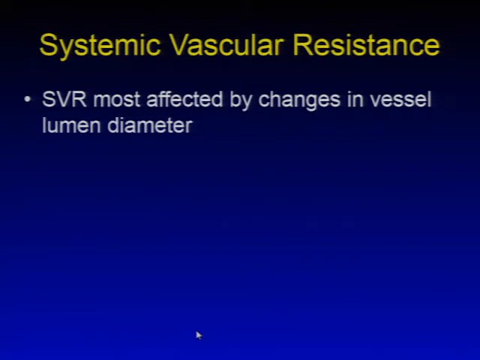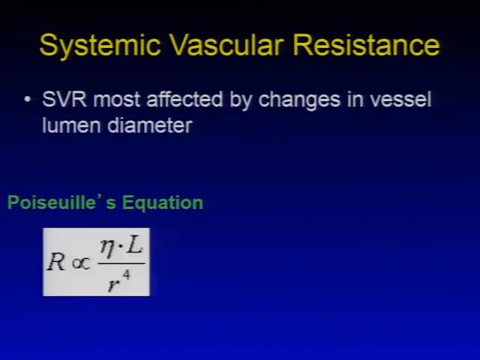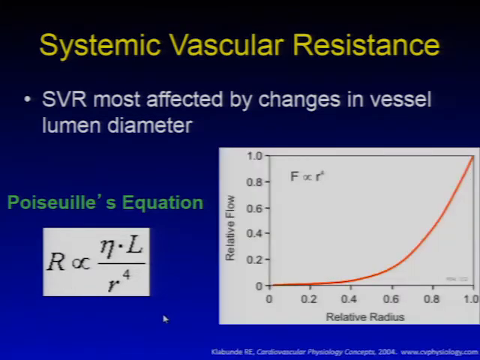Systemic vascular resistance is most affected by changes in vessel lumen diameter, and this is best described by Poiseuille's equation. Poiseuille's equation describes that the resistance in any system of tubing is proportional to viscosity times vessel length, all over radius to the 4th power.